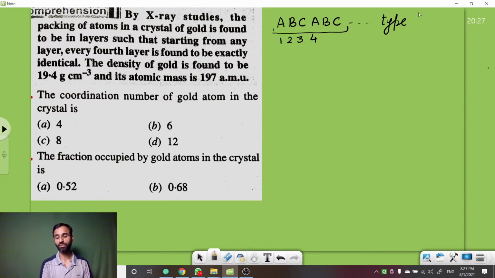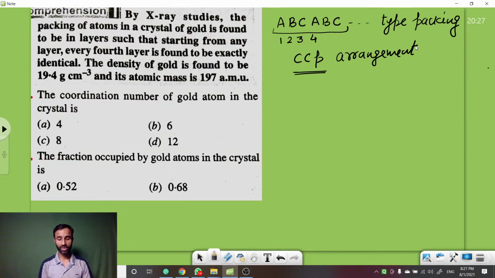ABC type packing means CCP, cubic close packing. It is CCP arrangement, right?